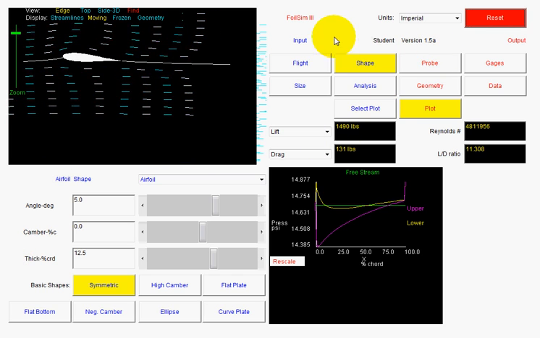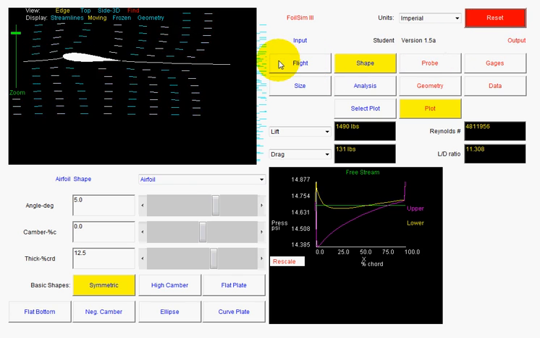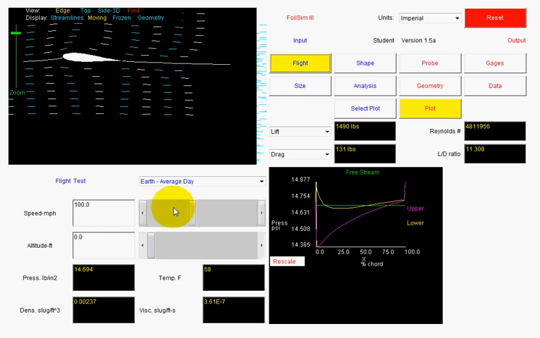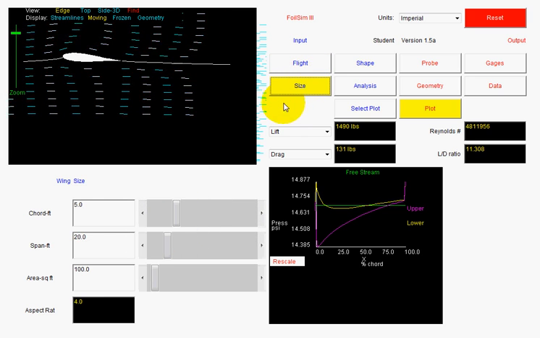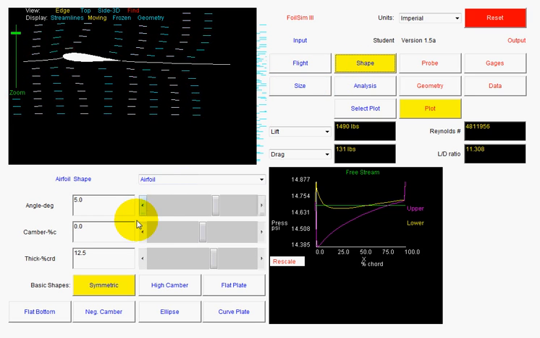Over on the right side here, we have inputs and we have outputs. We can change the flight itself, its speed, its altitude. We can change the size of the wing itself, the shape of the wing, which I showed you previously.